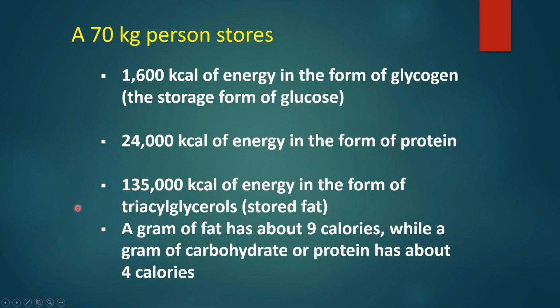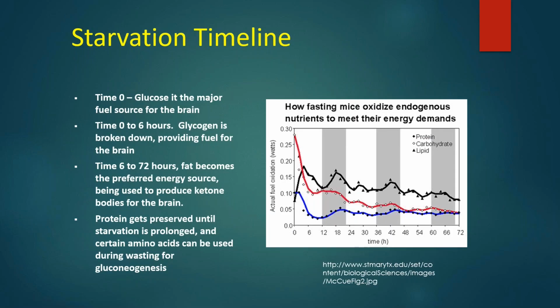A gram of fat has about 9 calories, while that of a carbohydrate or protein only gives 4 calories. So it makes sense to store energy more in the form of lipids rather than protein and carbohydrate. That is an evolutionary advantage we have in having lipids as a storage material.